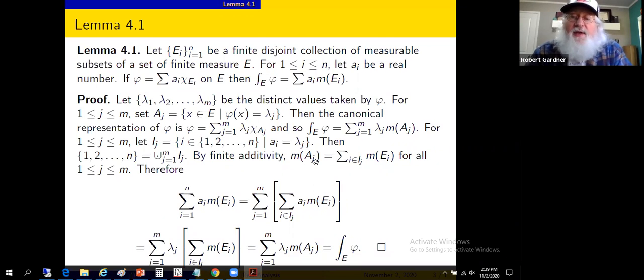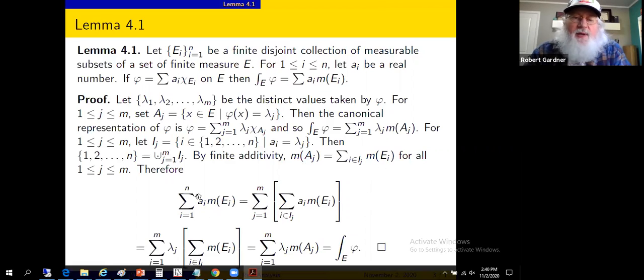So if we take the measure of A sub j, we've actually written A sub j as a disjoint union of some of the E sub i's. That's how the indices were chosen. So we get that the measure of A sub j is the sum of the measures of the E sub i's when the index comes from capital I sub j. It's a lot of indices, but that's simply how we've partitioned up the E sub i pieces to create the A sub j's.